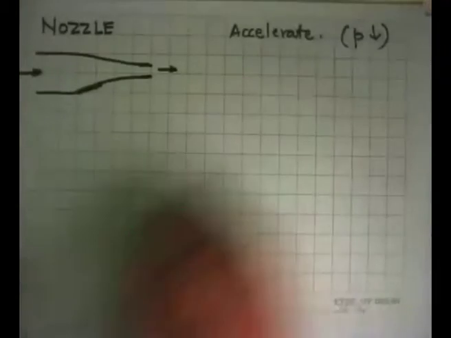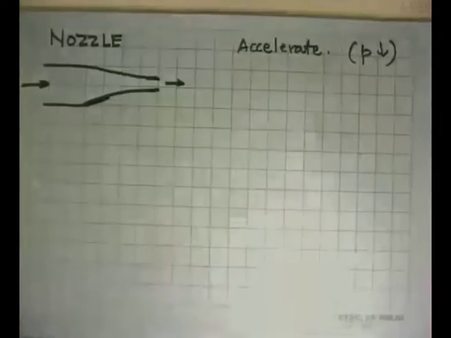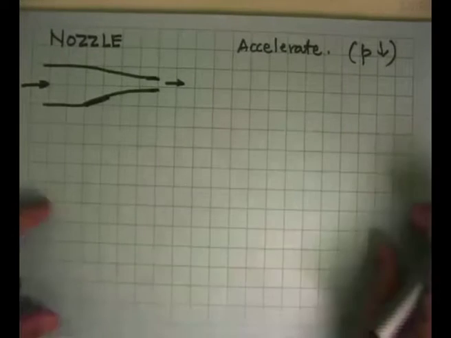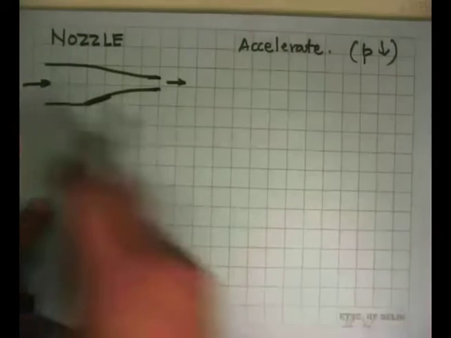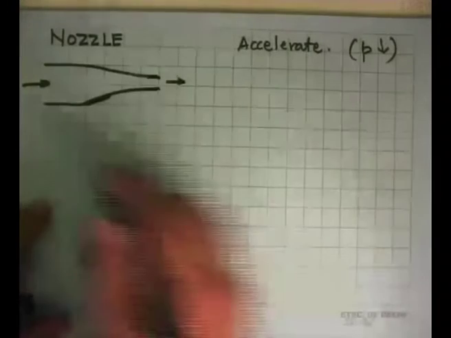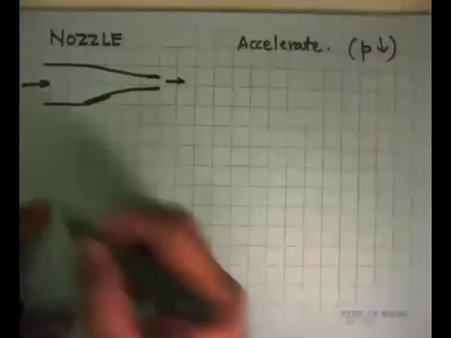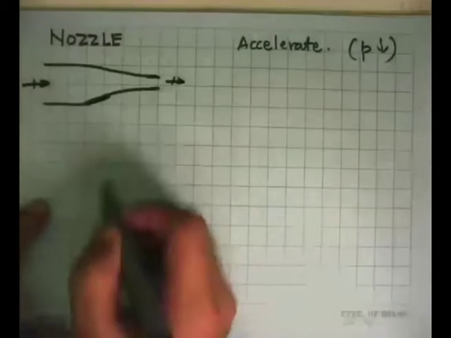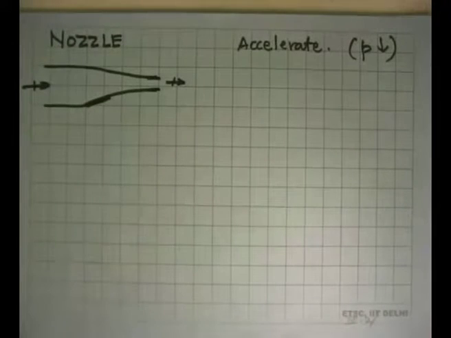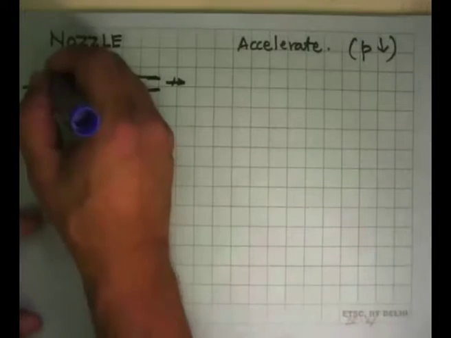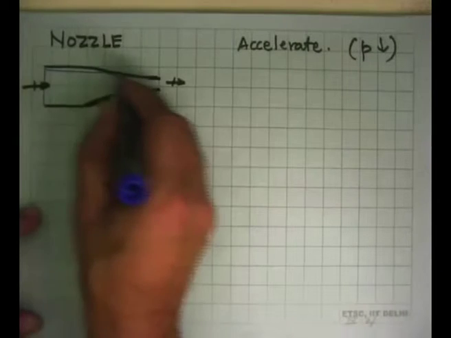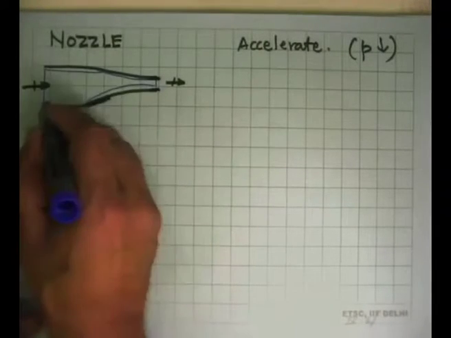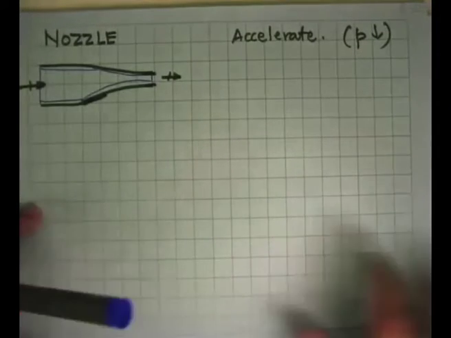This is a device which accelerates a fluid. In the process, the pressure drops. A typical sketch of this would look like this, in which the working substance enters here and exits over there, and we make this a system, saying that the system boundary is everything that is inside this nozzle, and to that we apply various laws.